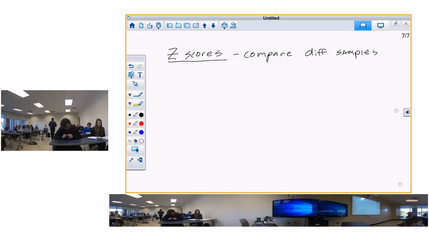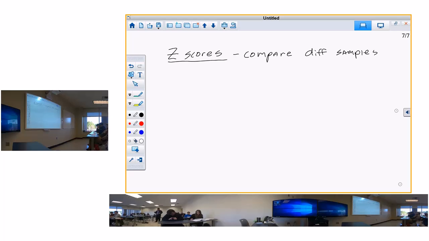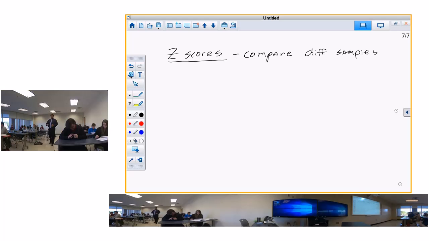Well, anybody with 2 teeth in their head can tell you that Shaquille is taller, but that's not what the question is asking. What is the question asking? The question is asking, who is taller in their respective populations? That's what relatively means from a statistics standpoint. Who is taller relative to their populations?